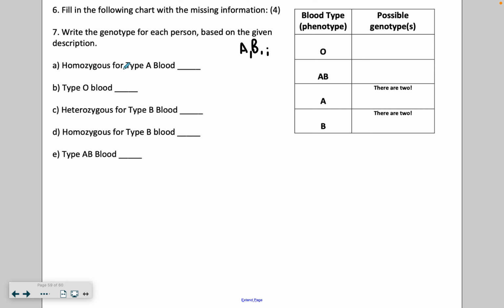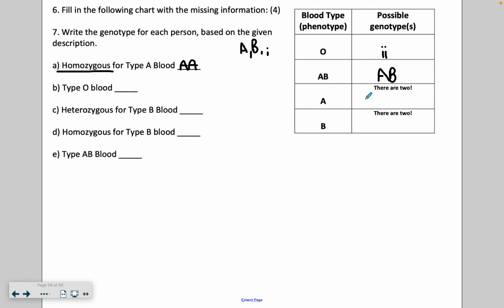So homozygous, homo means the alleles are the same. For blood type A, big A, big A. Maybe we should fill in this table first. Okay, if you're blood type O, what are your genotypes? There's only one, and that's going to be little i, little i. If you are AB, then your genotype is AB.